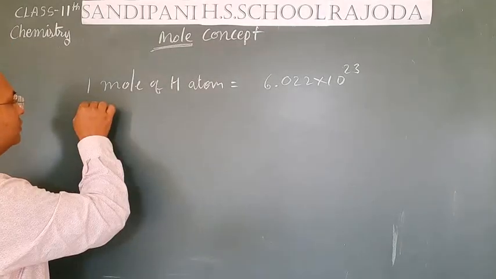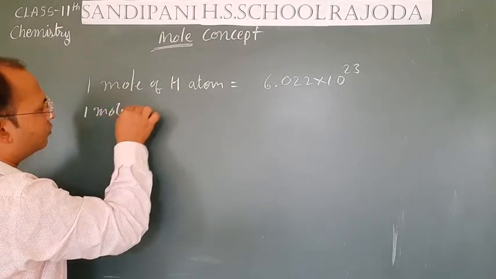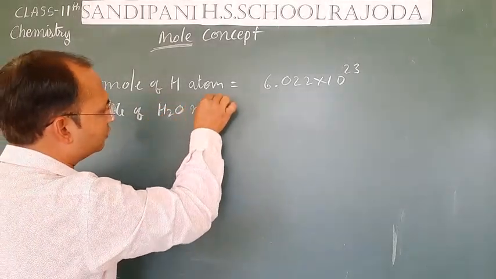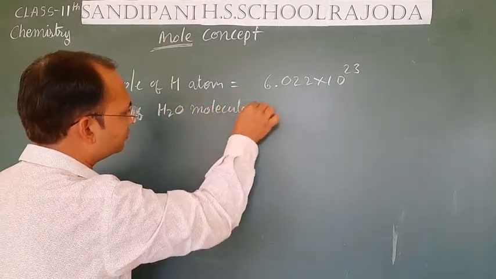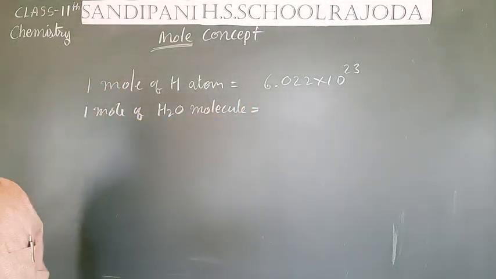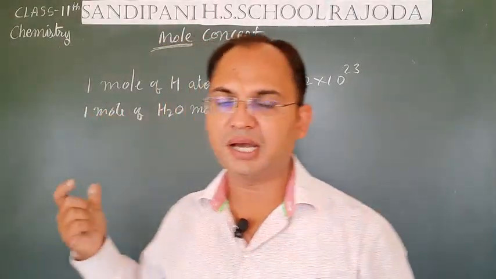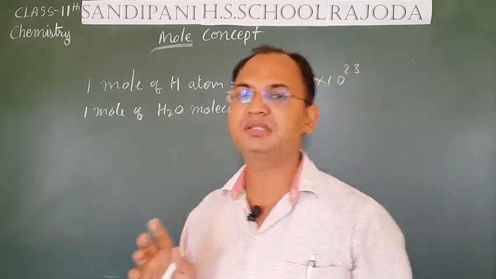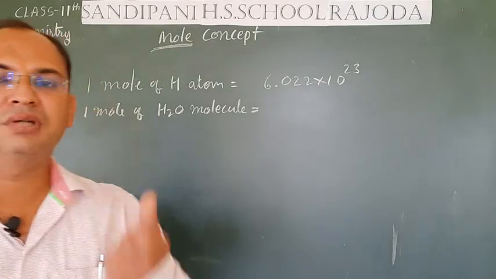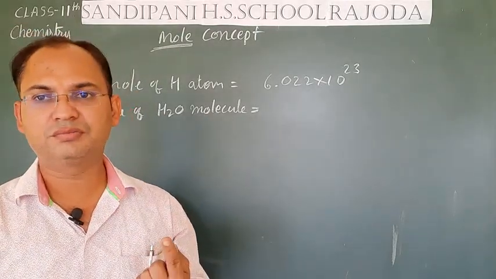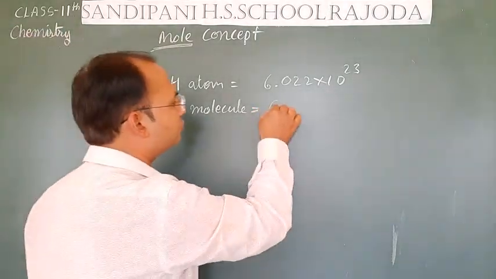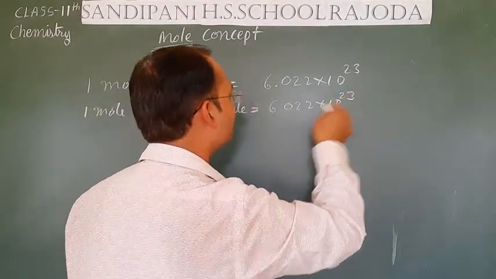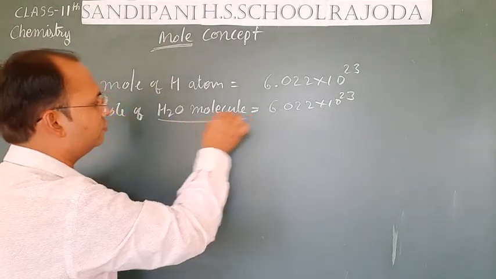If we talk about 1 mole of H2O molecules, remember it is a molecule. We do not consider hydrogen as 2 atoms and oxygen as 1 atom, but we consider the whole H2O as a single molecule. So it will be equal to 6.022 × 10^23 H2O molecules.